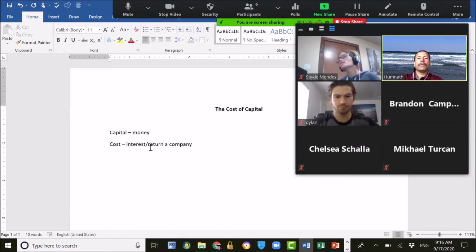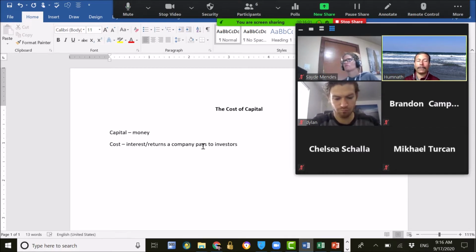A company pays... So cost is simply the interest or rate of return a company pays to investors. Capital is just the money. In your personal life, you borrow money from the bank to buy a car, right?